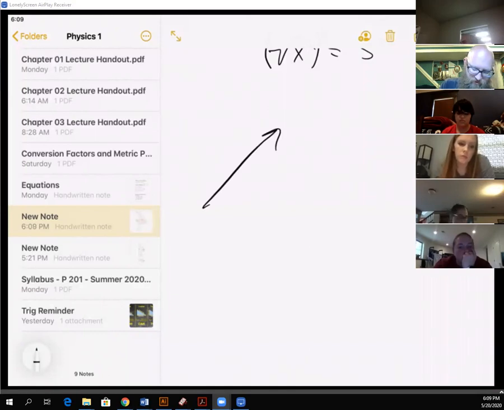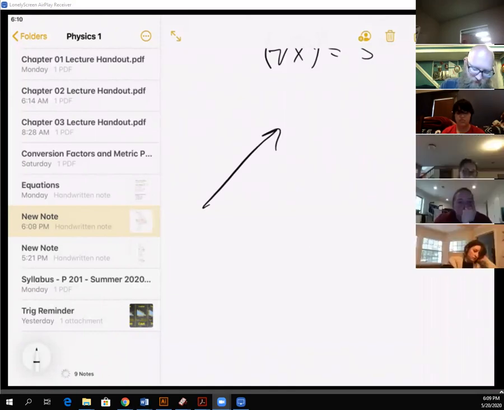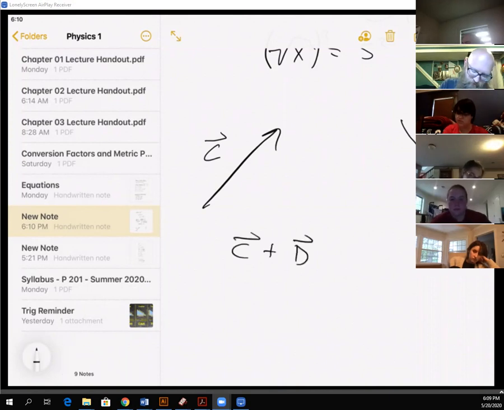I don't want to use X, but I'm tired of using A. Let's use C and here, D. And I could ask, what is the vector sum of C and D? And I could even give these sizes. So if this is 5 and this is 3, the answer is not going to have a length in this case of 8.